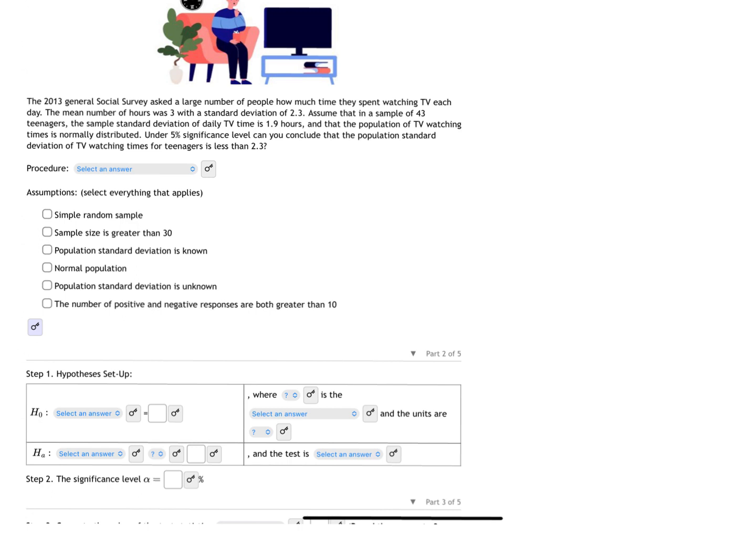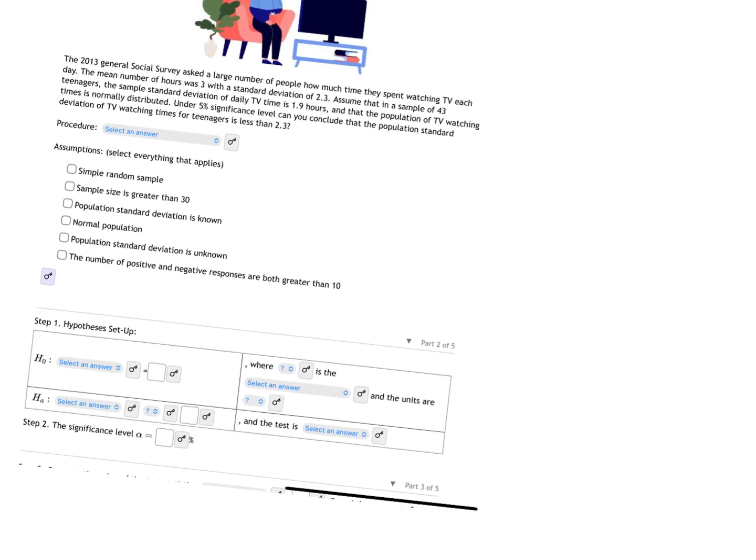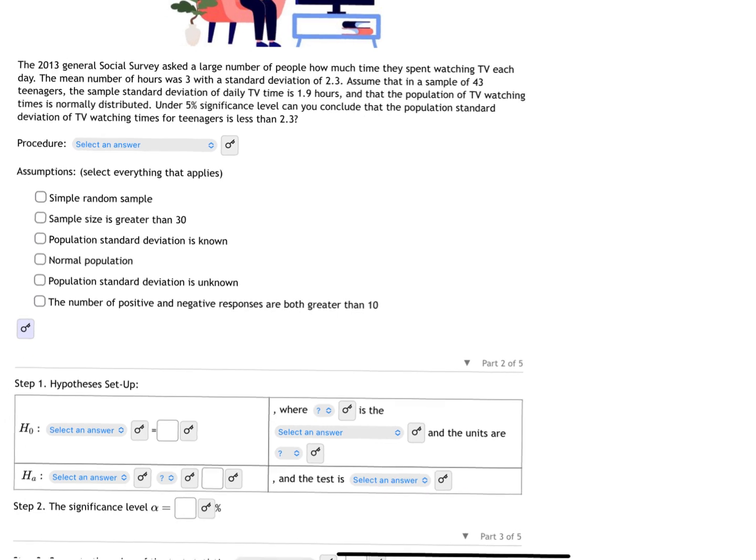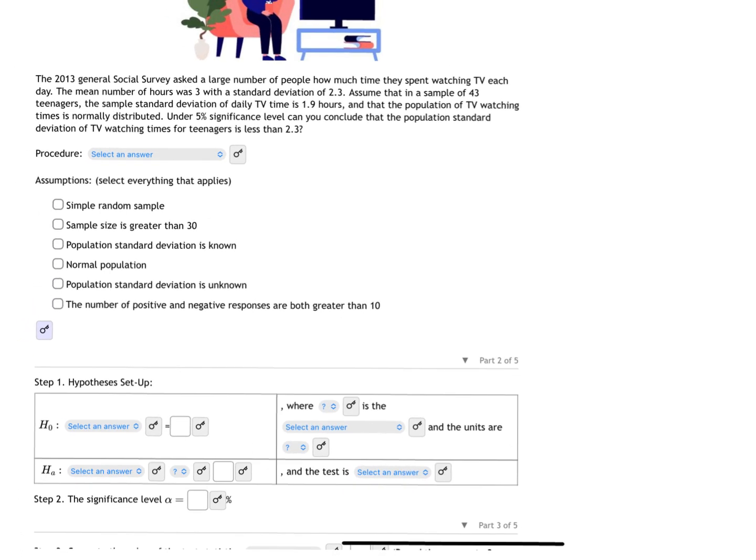If this group shares the same standard deviation or the same variance, right? So the first thing, this procedure is called a chi-squared test for variance. The things that we know are true about this is that it's a simple random sample, so we need that.